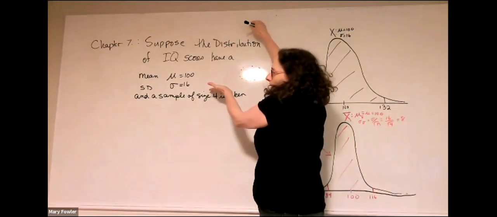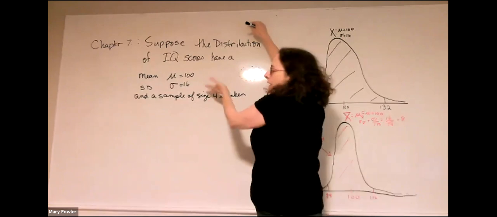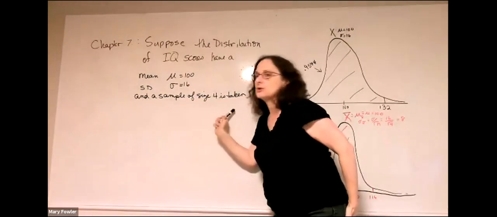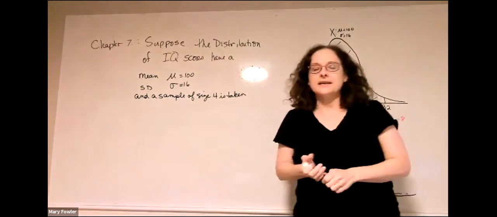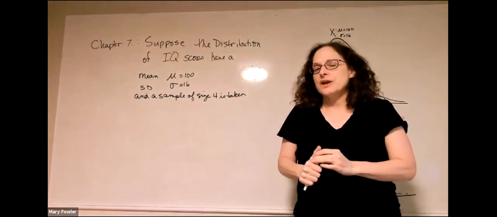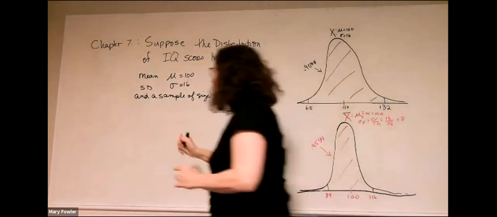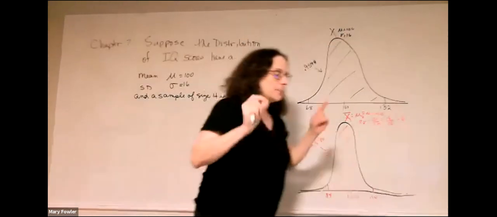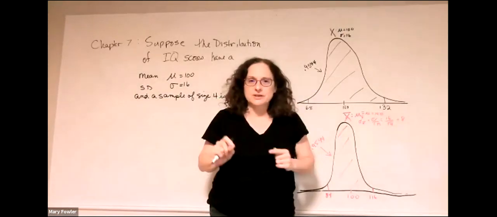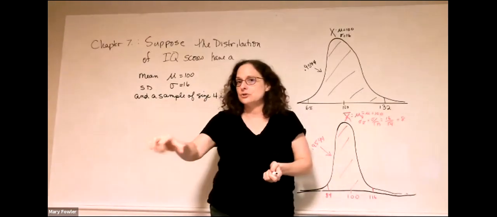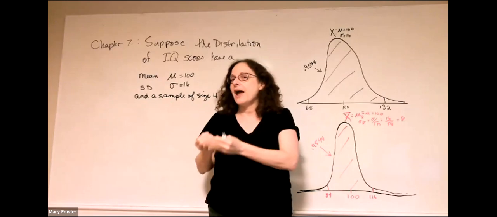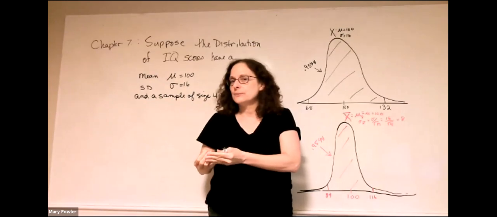So that's going to be the parent population. Now, the information about the sample. A sample of size 4 is taken. So what I'm going to want to do is think about the distribution of the sample mean. That is, I have 4 randomly chosen individuals and I average their IQ scores.